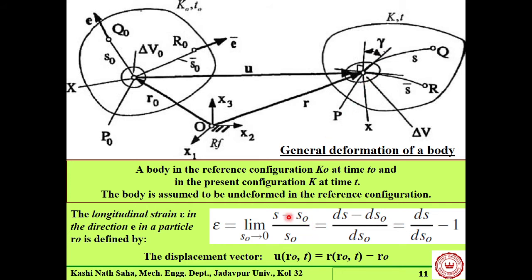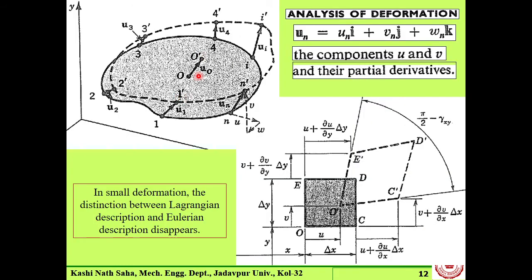This is the measure of longitudinal strain or normal strain. This is how we measure the shear strain. Let us focus on what happens there. This particular point is within a body. This is our reference point. Then at each point of the body there is some displacement.